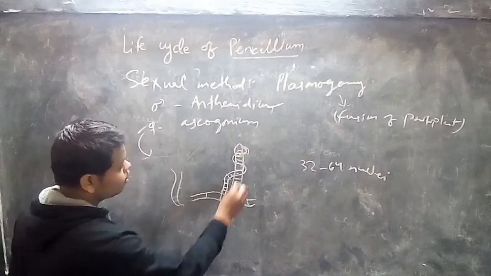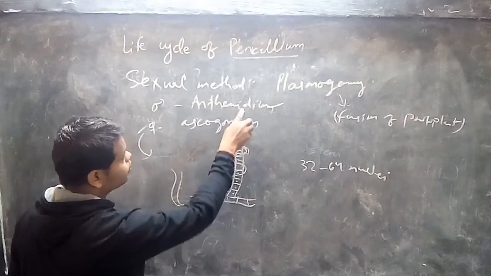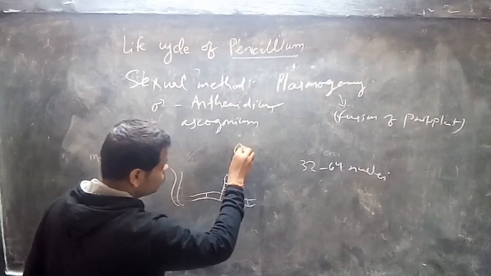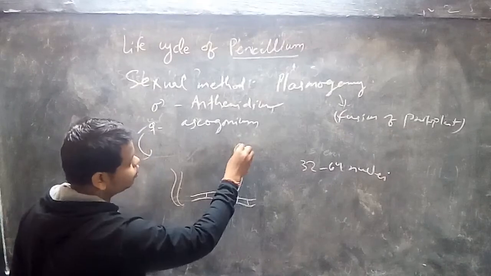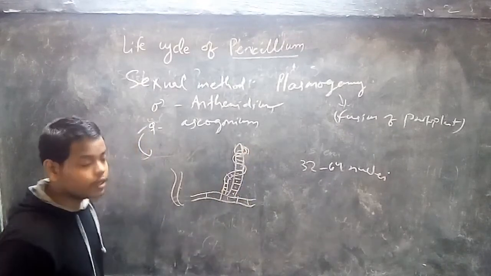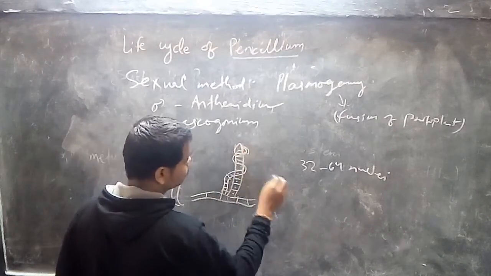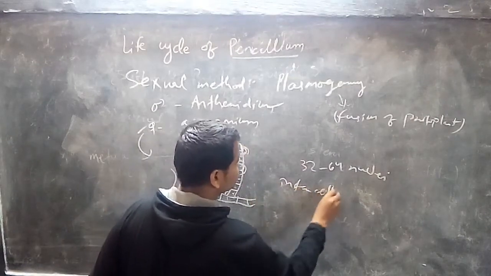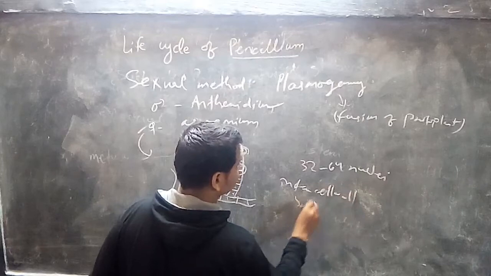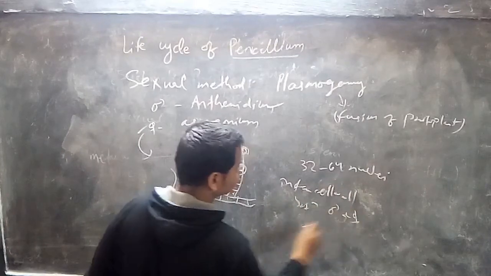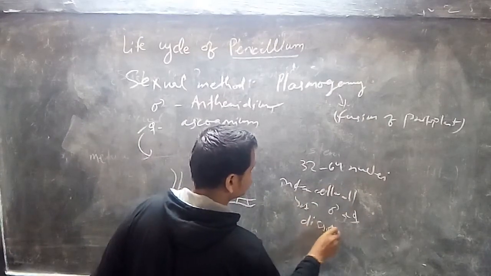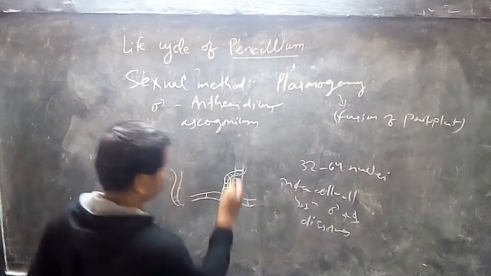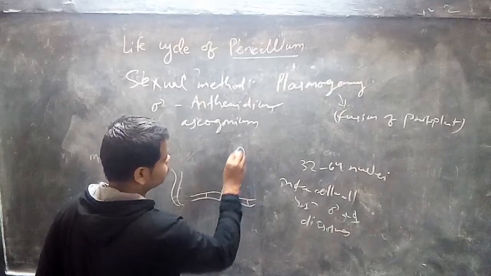Now what happens? After the growth and development of antheridium and ascogonium, the wall between antheridium and ascogonium dissolves or breaks. Okay, if I draw it in large form like this.